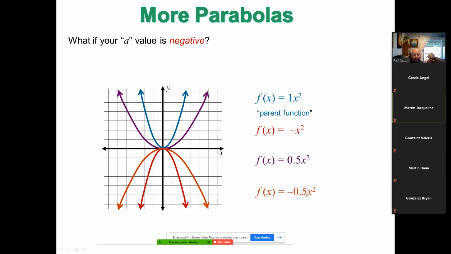We look at the number without the sign, which we would say is the absolute value of that number, to determine how wide it is. And then the sign tells us if it opens up or if it opens down. So really, that's all we've got to remember. The bigger the number, the skinnier. The smaller the number, the wider. Positives open up, negatives open down.